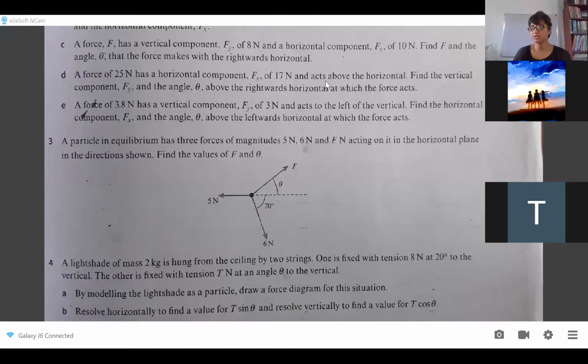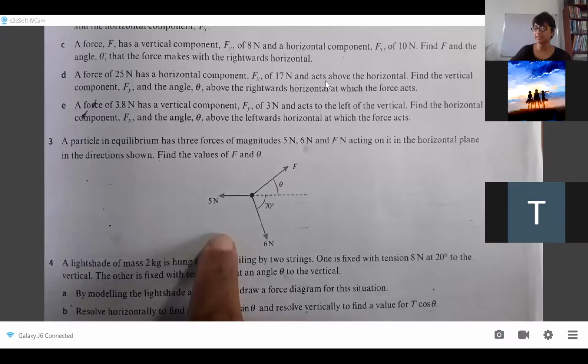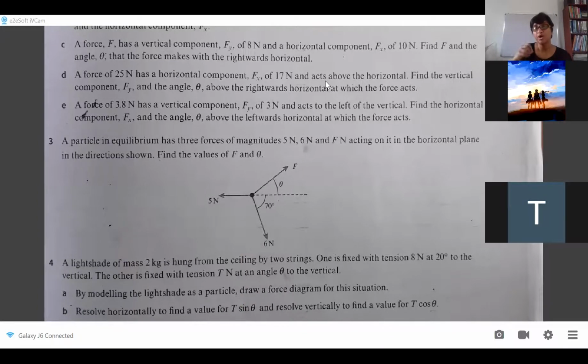So can you copy this as an example? Write example and copy this. I will show you how you are supposed to tackle something like that, how to apply the two little things I gave you, horizontal equilibrium and vertical equilibrium, the two formulas.